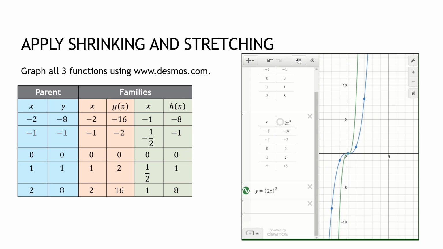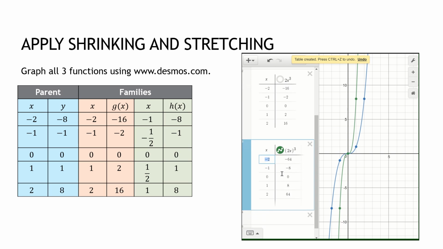So let's look at the values to make sure we did our math right. 1, negative 8, and again if I needed to know what 1/2 was, I could put 0.5, and then negative 0.5, so it will do those calculations for you if you want to verify. But essentially what happened is it took the values and moved them closer to the y-axis. So it shrunk down to be closer to the y-axis, and that's what happened when we divided by 2.